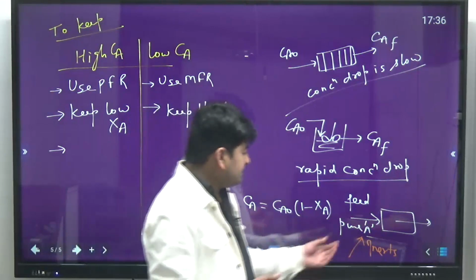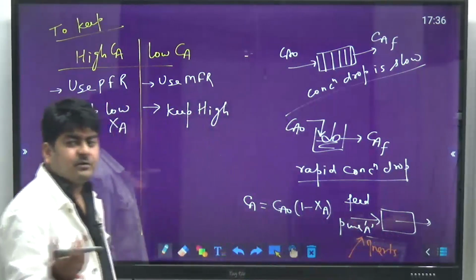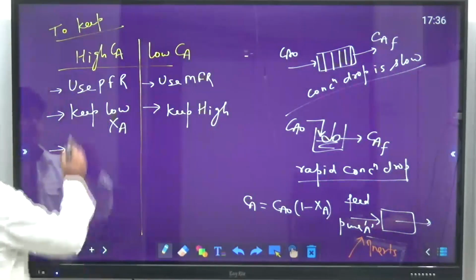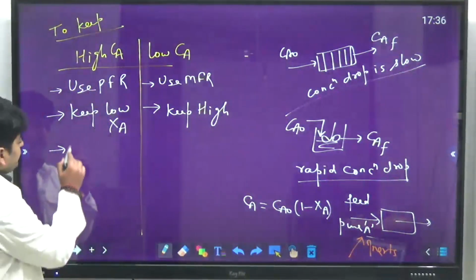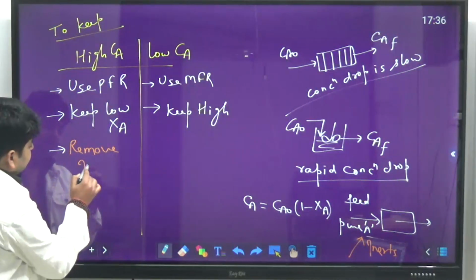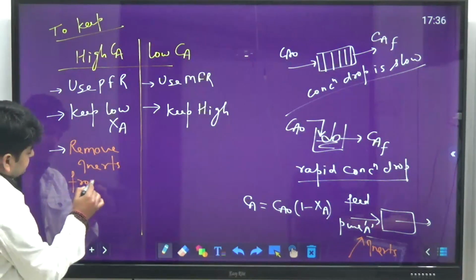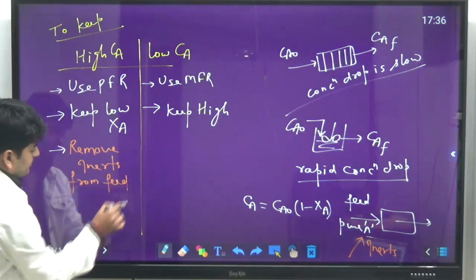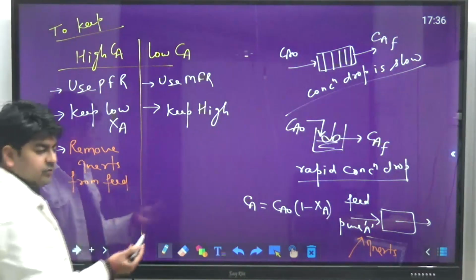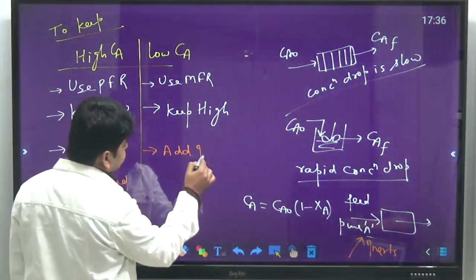And if the mole fraction of A is small, then inside the reactor, the composition of A, the concentration of A, will be relatively low. So if I want to keep high Ca, what I have to do, I have to remove inerts from the feed.